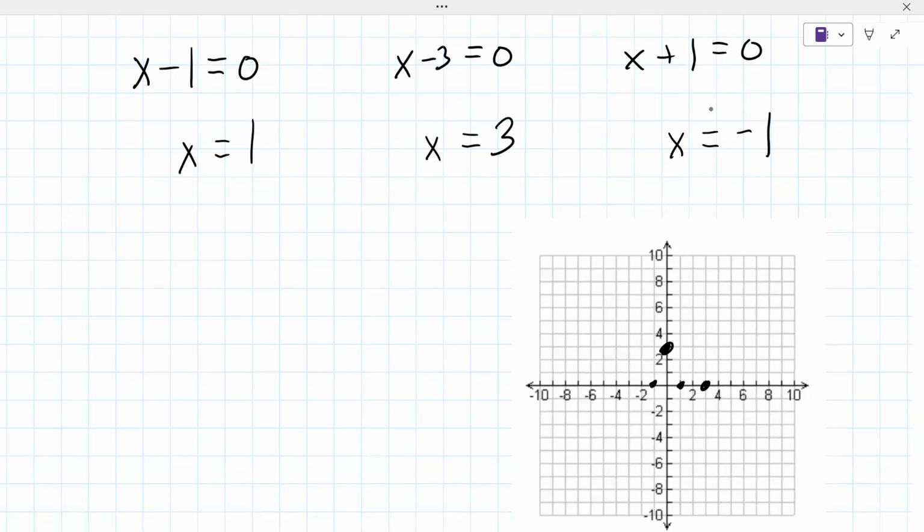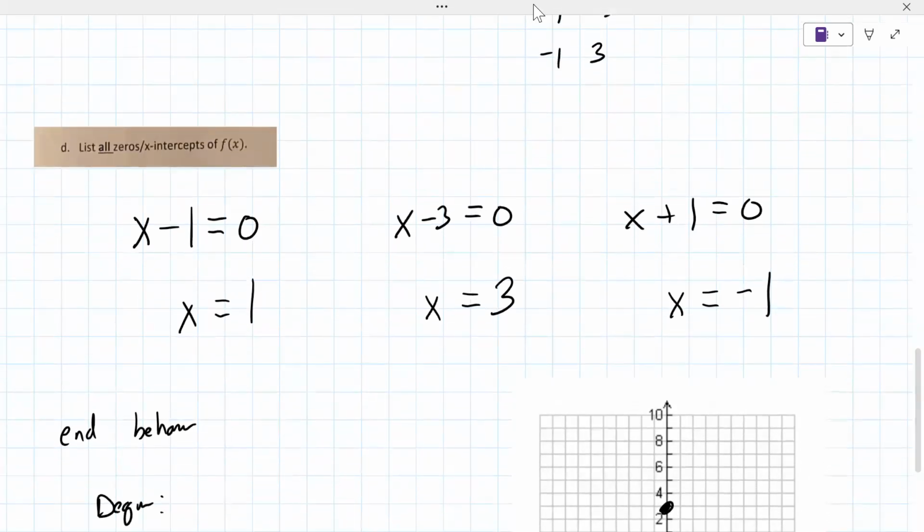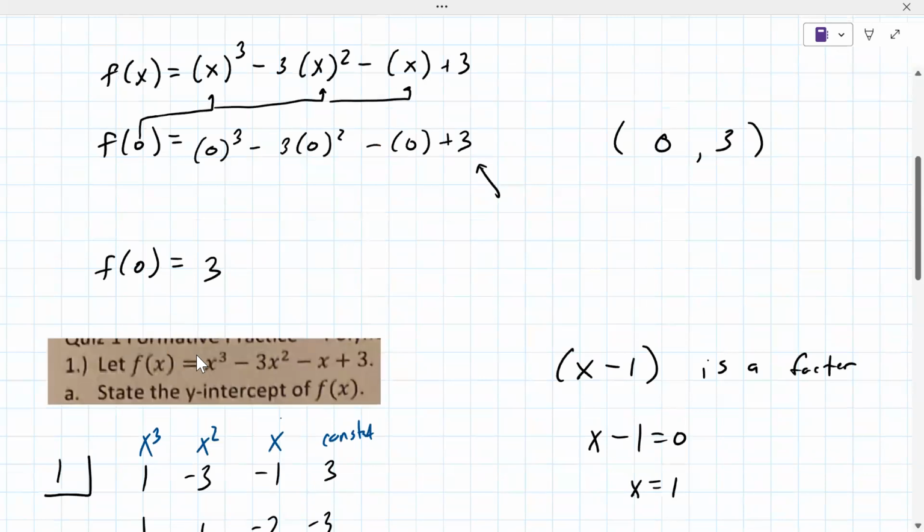And then the last little piece here is to talk about what's called end behavior. And it's based on two things. It's based on the degree and whether the leading coefficient is positive or negative. So could you tell me the degree of, well, let me go find it. What was the degree of this polynomial?